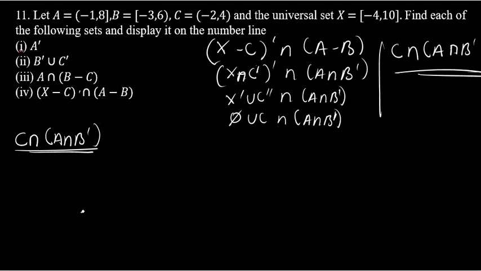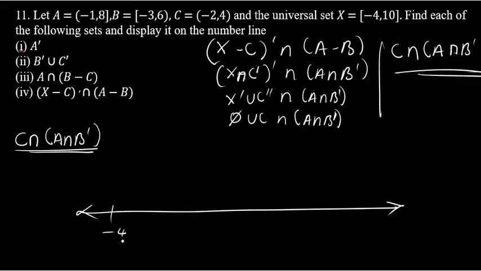You go to your number line at -4 to 10. Then from there, what is C? C is from -2 to 4.